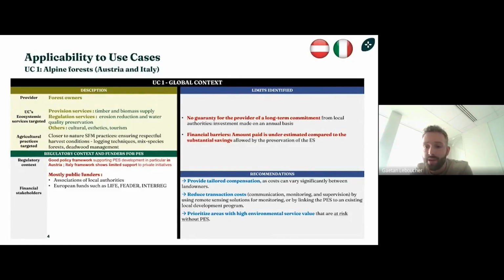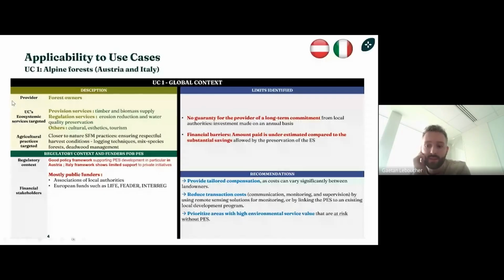And as a barrier, we identified no guarantee of a long-term commitment for the provider. The investments are usually made on an annual basis, and the financial barriers are also something we noticed, as the amount paid is well underestimated compared to the substantial savings allowed by the ecosystem services.